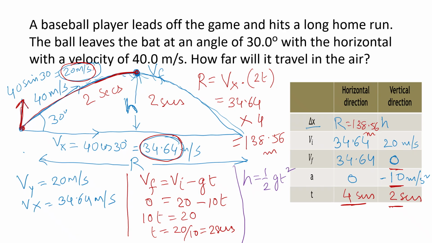So height is given by half times gravitational acceleration, which is 10, times the time it takes to cover the height. Now remember, for the height, it's just going to be 2 seconds, so 2 squared. And so if we calculate it, it's going to be 2 times 10, which is 20 meters. So 20 meters is the height.